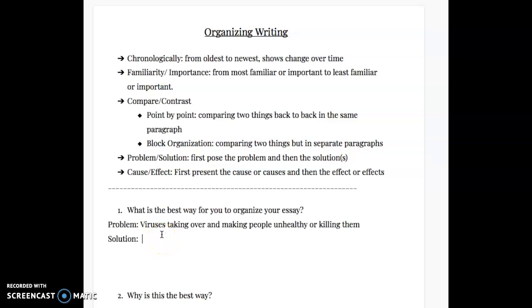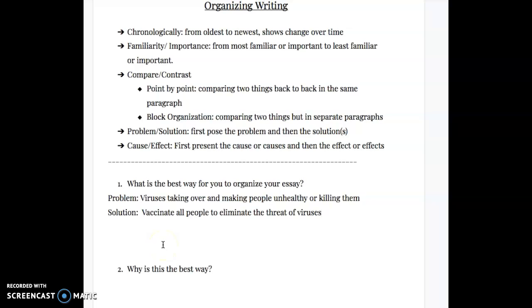And my solution is vaccinate all people to eliminate the threat of viruses. Again, I'm writing this on the fly, so it's not perfect. You'll have more time to perfect your writing than I do. I'm just trying to give you some sort of solid example so that way you know what you're doing.